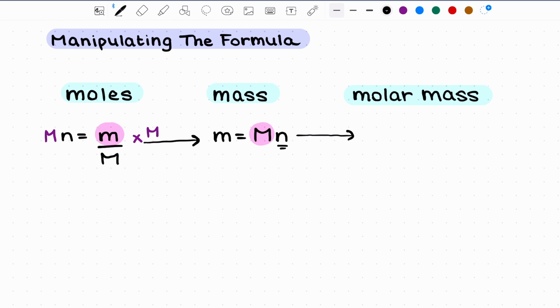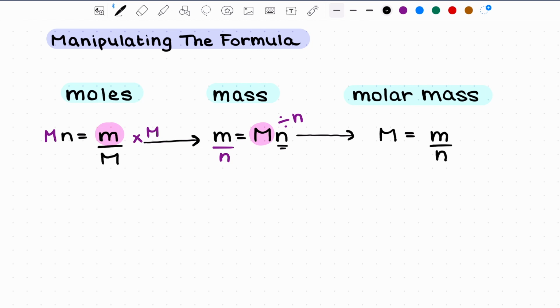And I want my molar mass on its own. So I can use opposite operations to divide away my moles on both sides. And that will give me my molar mass. And so my molar mass is equal to mass divided by moles.